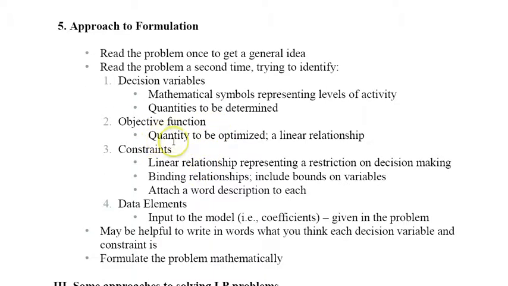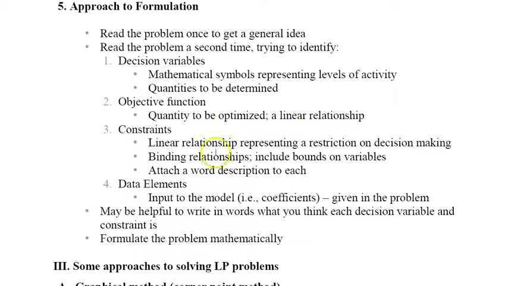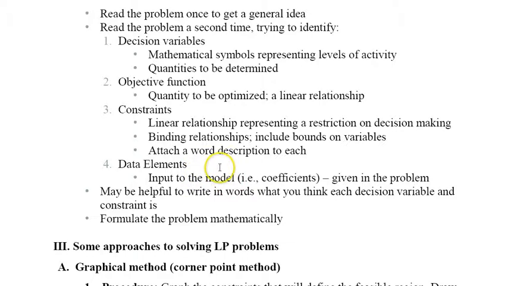The objective function is usually the quantity we want to maximize or minimize, and it should be in the form of a linear relationship. The constraints also should be linear relationships, and they can be either less or equal, greater or equal constraints. So they are inequalities.